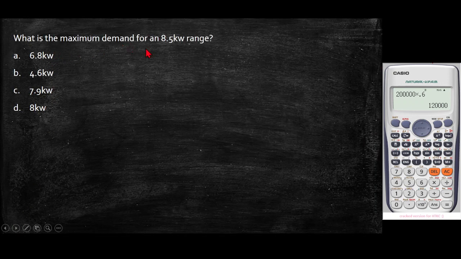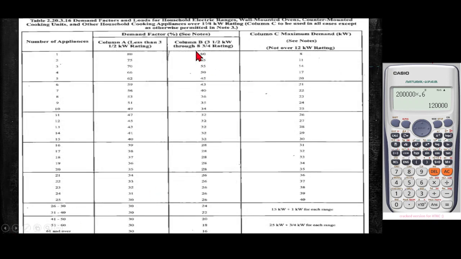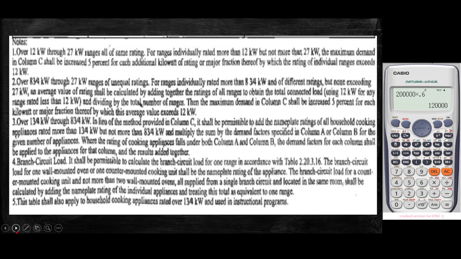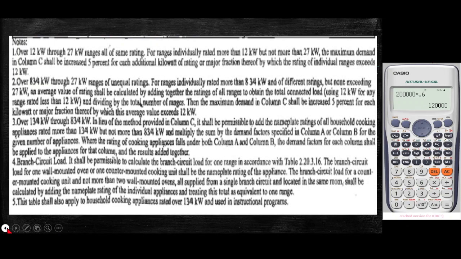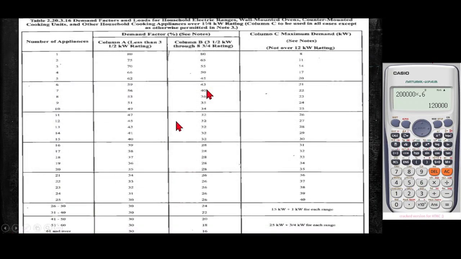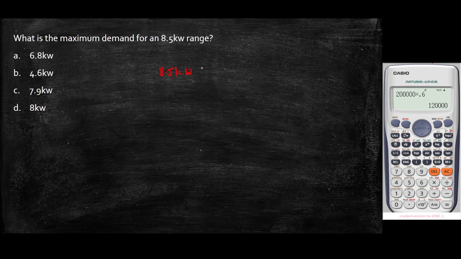Okay, so what is the maximum demand for an 8.5 kilowatt range? Ito, 8.5 kilowatt. So it will fall in column B. Column B, so 80% ang ating demand.